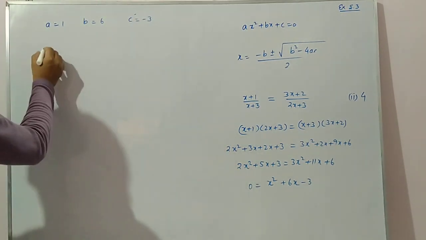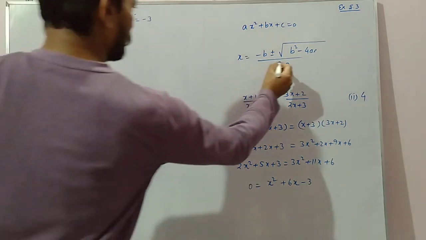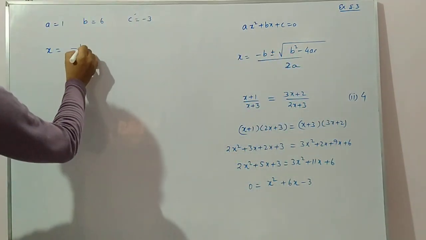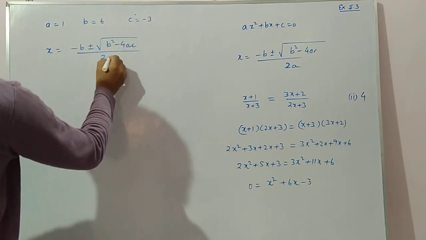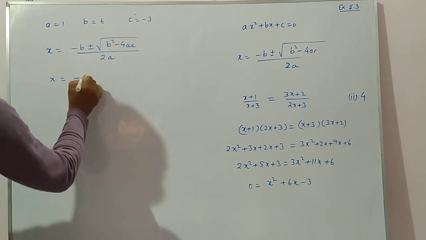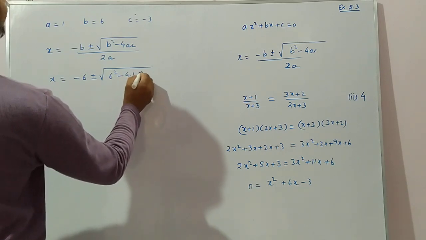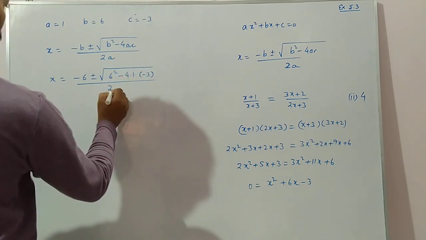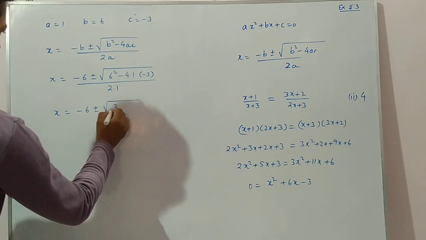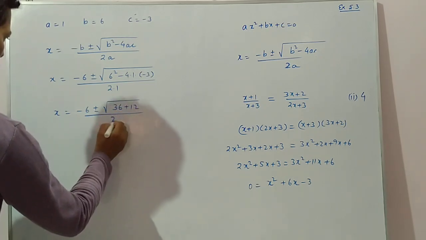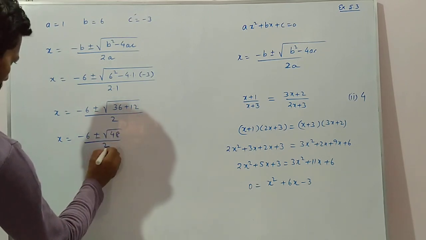So we will use the formula x equal to minus b plus or minus root over b square minus 4ac by 2a. x equal to minus 6 plus or minus root over 6 square minus 4 into 1 into minus 3, by 2 into 1. x equal to minus 6 plus or minus root over 36 plus 12 by 2. x equal to minus 6 plus or minus root over 48 by 2.